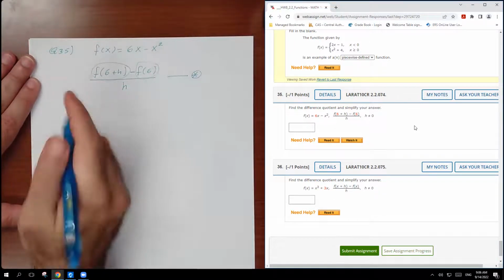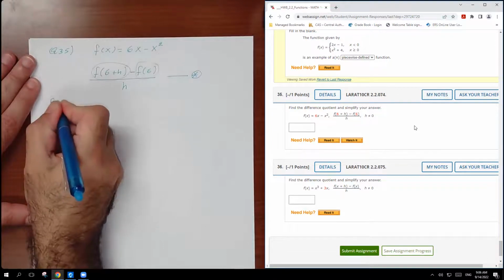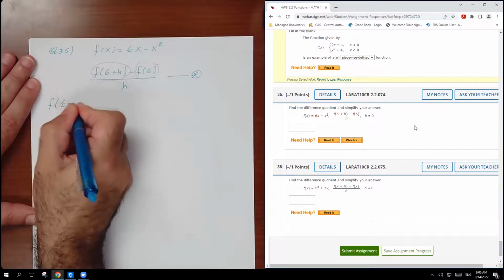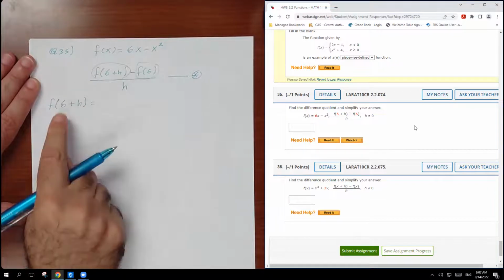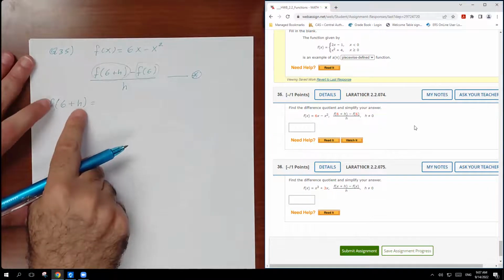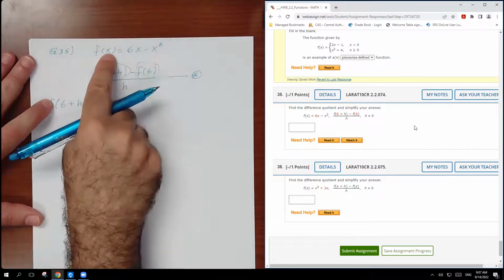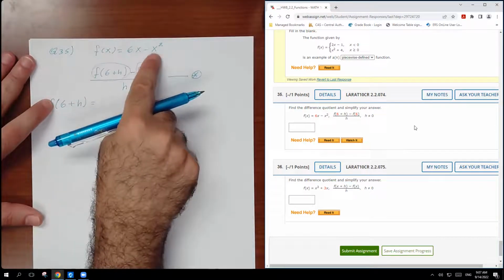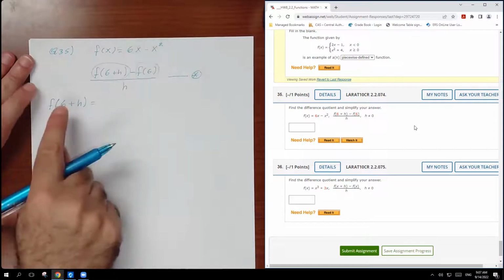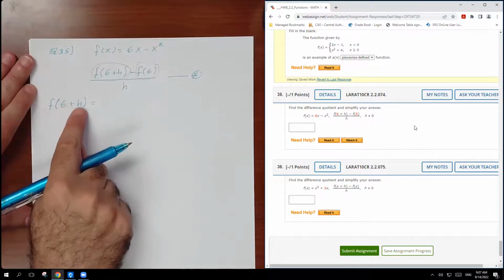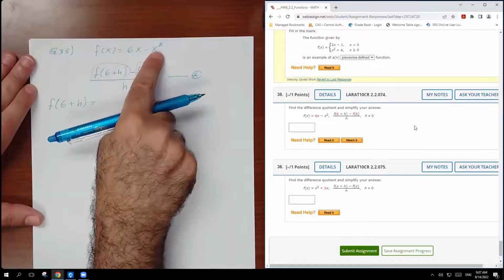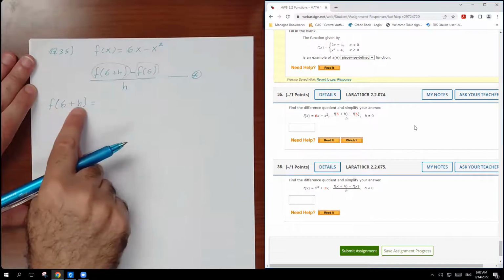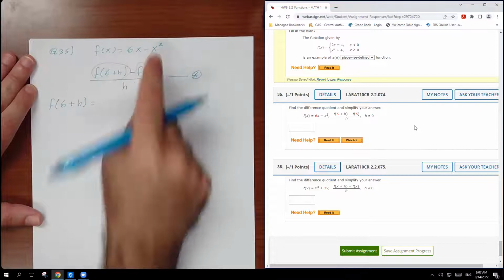I'm going to go ahead and write down the first one. The first part is f of 6 plus h. What does that mean? f of 6 plus h. I have f of x equals 6x minus x squared. I'm going to plug in 6 plus h instead of each x here.